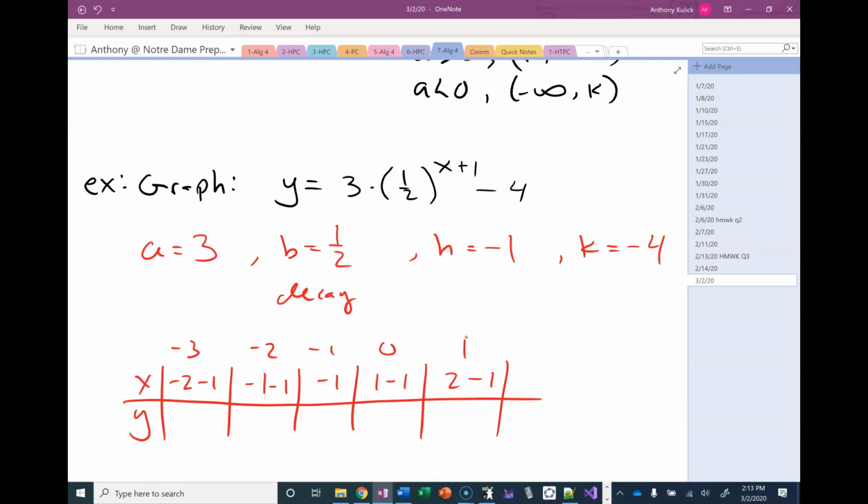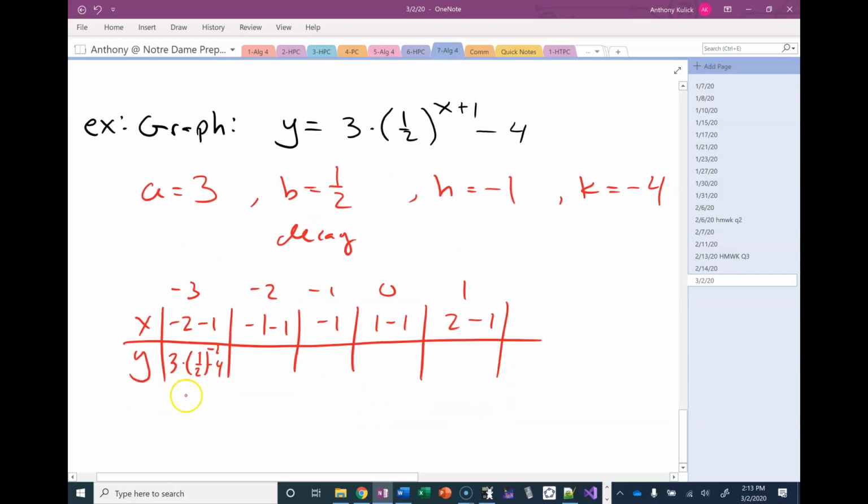Okay. Now for our y coordinates, it's a times b to the -2 plus k. So if I do that, I get 8. And we have 3, or a times b to the -1 minus 4. If I do that, I get 2. Then I just have a minus, or a plus k.